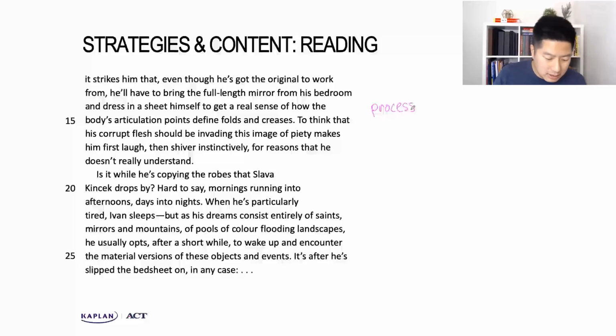And then in the second paragraph in this section, it looks like it's just kind of taking over his life. So he's always thinking about the painting. And so to me, that's all I've got to take away from this. I now know that we've spent some time talking about the process that Ivan used and that Ivan's always thinking about it. Let's see how this story concludes.